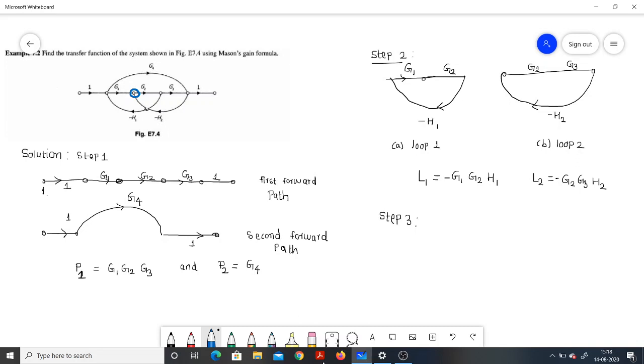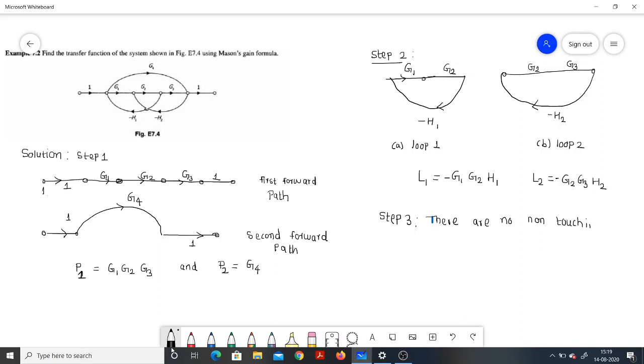So both the loops are touching loops. So there are no non-touching loops.